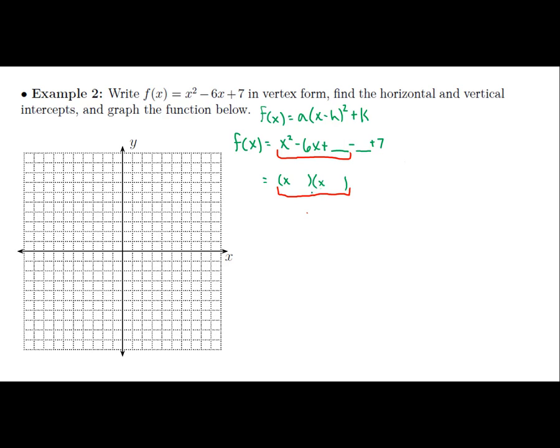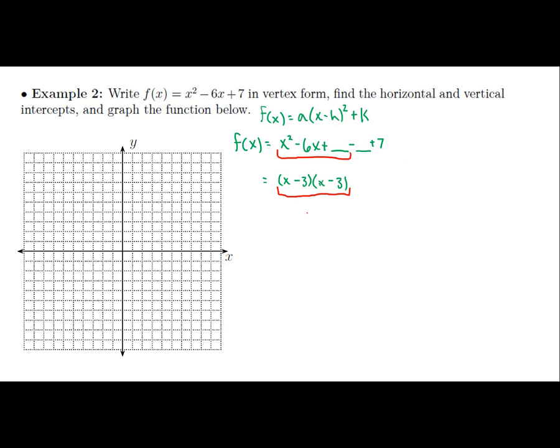So we ask ourselves, what numbers do I put here and here so that the outside plus the inside is negative 6, and so that these two are identical? Well, the answer, of course, is negative 3, right? If you put a minus 3 here and here, then the outside is negative 3x, the inside is negative 3x, which would add to make negative 6x.